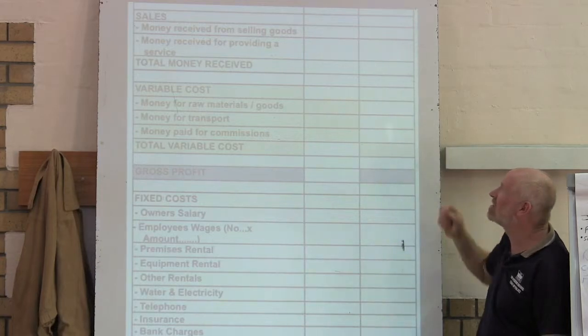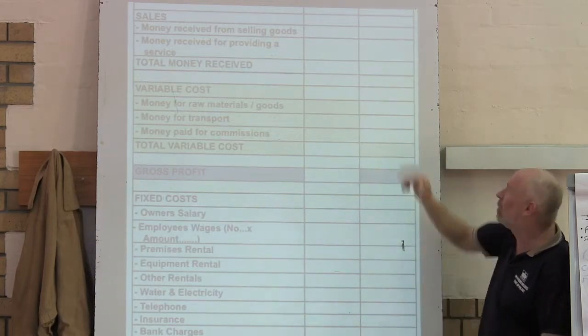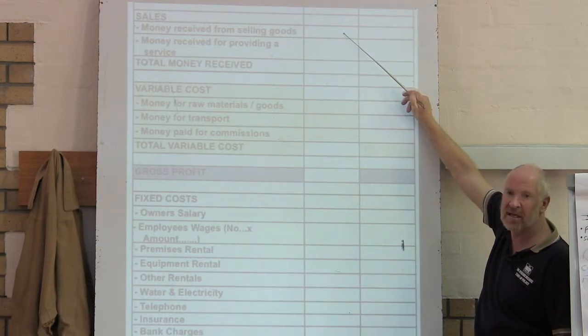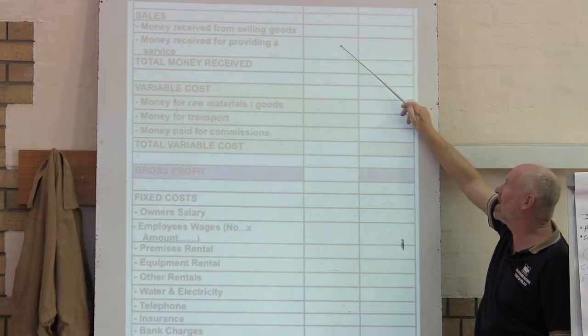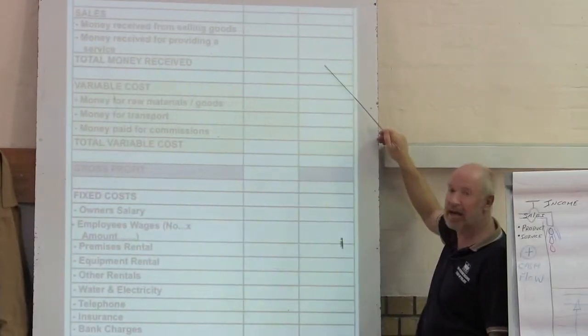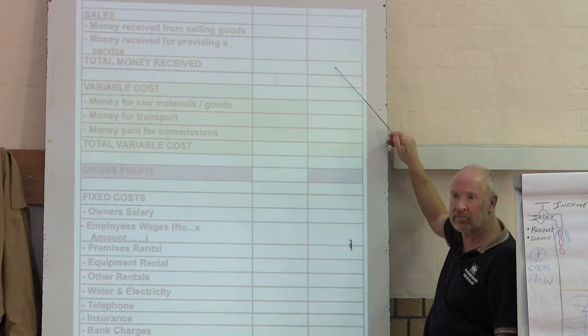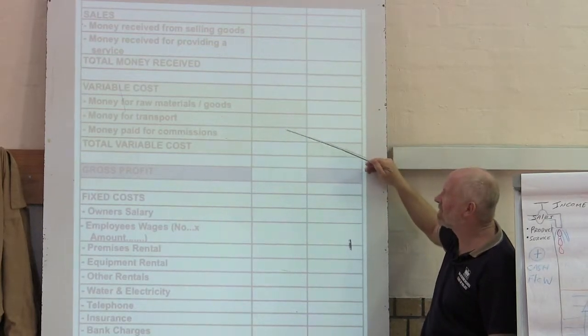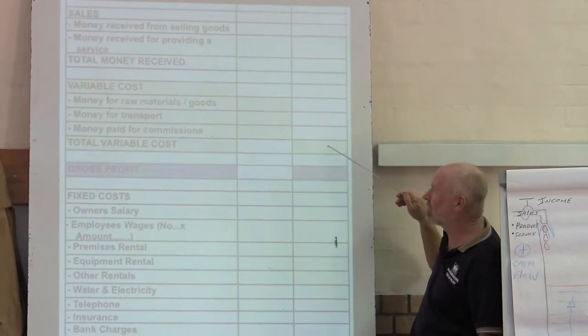This column is the totals. So if you are selling products and services, you put the price for the product there, price for the service there, you'd add them up and put them in that block there. Okay? If you're doing your raw materials, the various items of your raw materials, add them up, put them there.